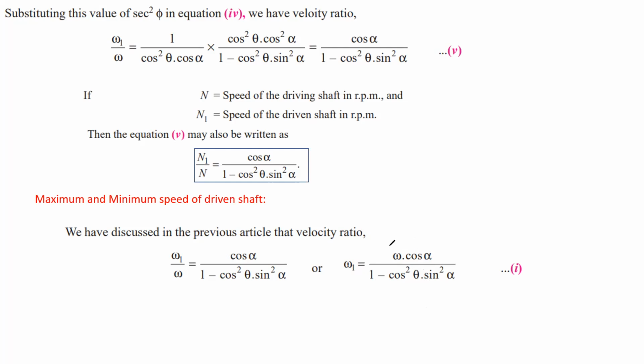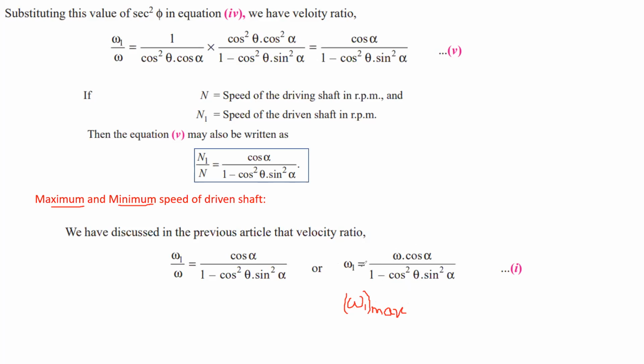So our first task is to find out maximum and minimum speed of driven shaft. What I want to say is, what is the maximum value of omega 1? Omega 1 का maximum value. Like this I can give it suffix, omega 1 maximum value. For that you need to concentrate on this expression only.